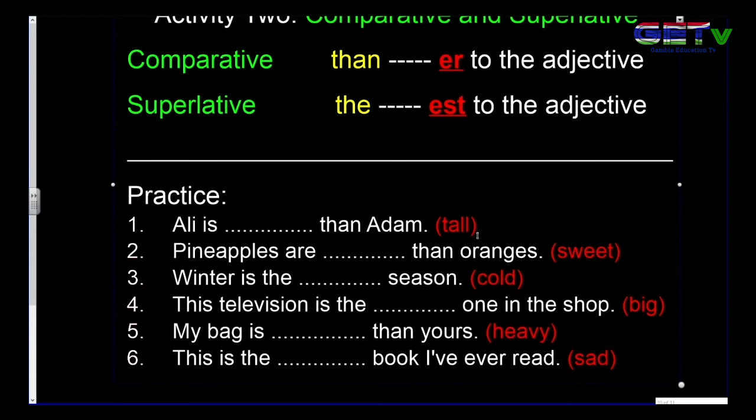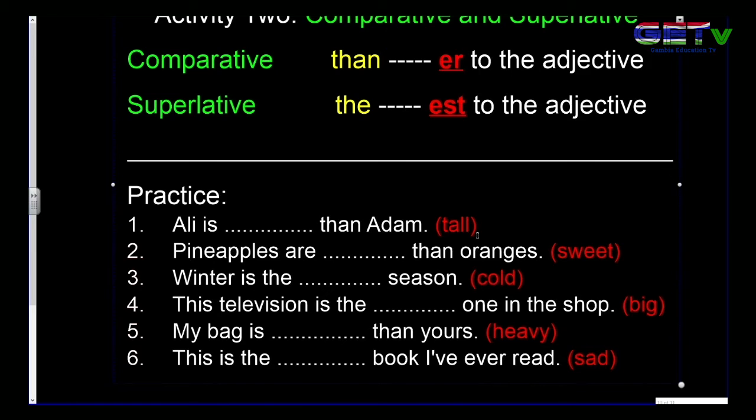And we say when we compare two, we use the comparative. But again, you have seen on your screen that we should add er to the adjective. So when we add er to the adjective tall, it becomes what? Taller. And now we put taller in that blank. Now the sentence becomes, Ali is taller than Adam.